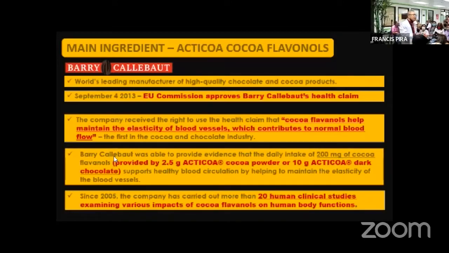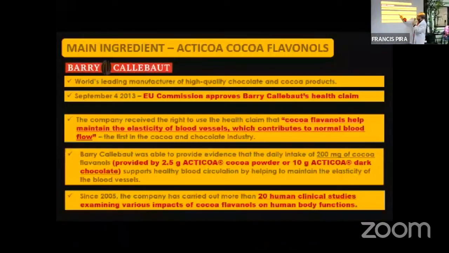The flavonols strengthen the elasticity of the blood vessel, plus it has L-Arginine that is converted into nitric oxide, which is a very strong vasodilator that will cause the blood vessel to widen, so that if the blood vessel is widened, the blood pressure will go down. Okay? So the elasticity of the blood vessel contributes to normal blood pressure, not blood flow.